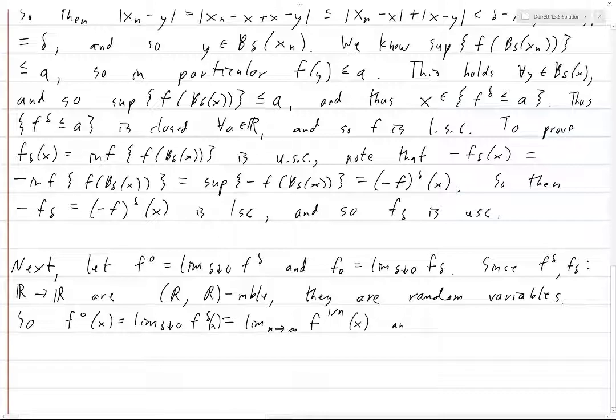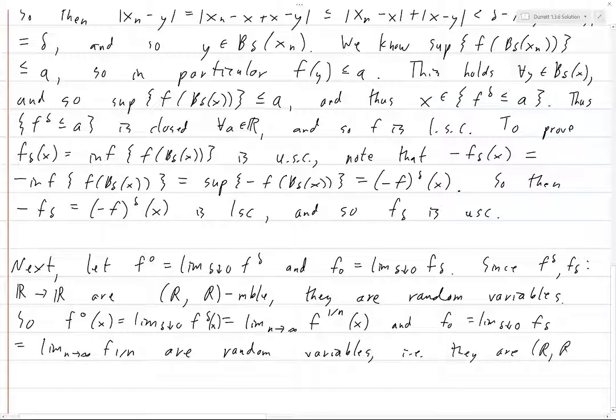And f lower 0, which is the limit as delta decreases to 0 of f lower delta, equals the limit as n goes to infinity of f lower 1 over n. These are random variables, i.e. they are measurable.